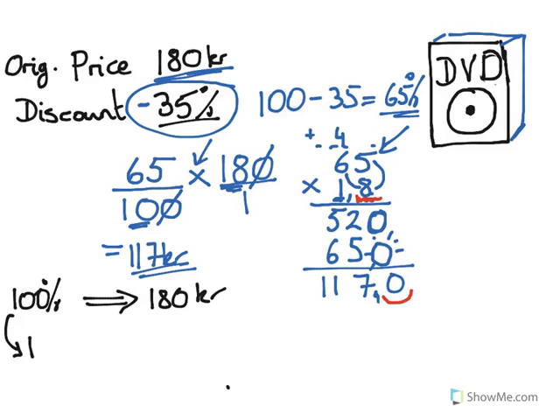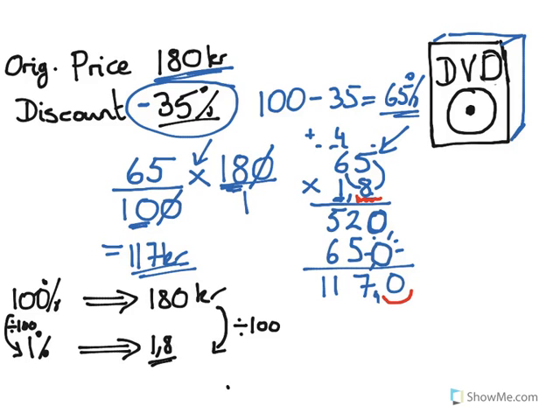What then would be 1%? If the full price is 180 kronas, what is 1%? Well, we'd go from 100 to 1% by dividing by 100. So we must do the same thing on the other side of our equivalent sign. So 1% must also be the same as 180 divided by 100, which would be 1.8.